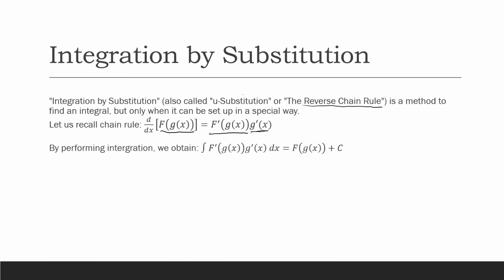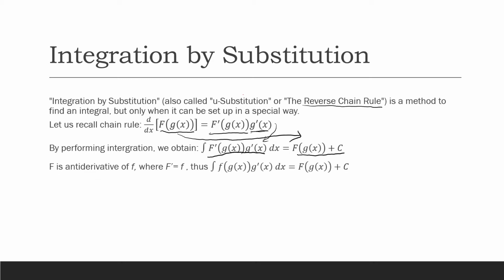Then by performing the integration, if we integrate this, we will get the same thing. So f is the antiderivative of f prime, where f prime equals f, so we get this equation.